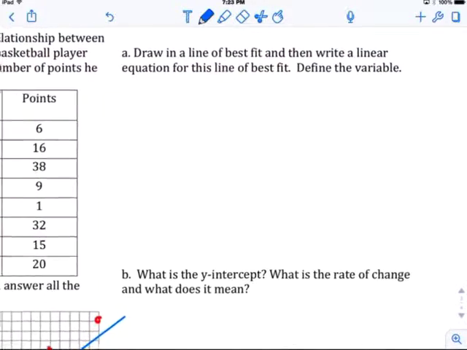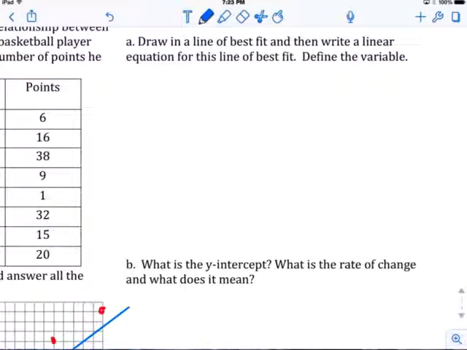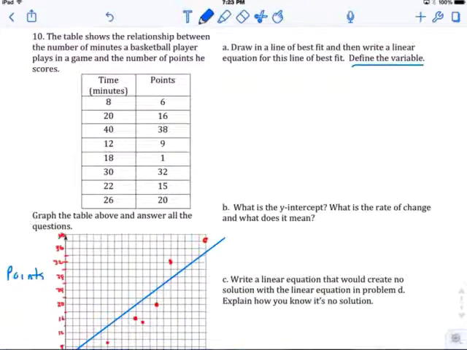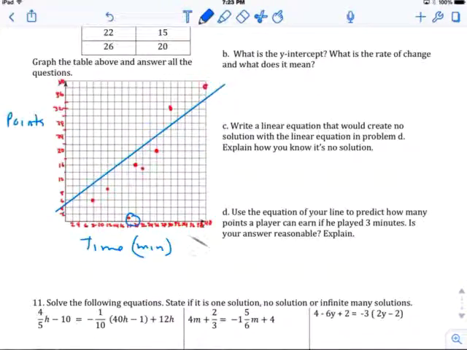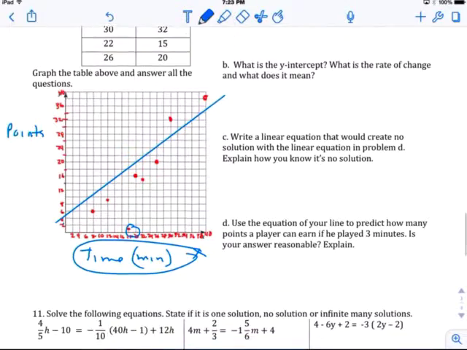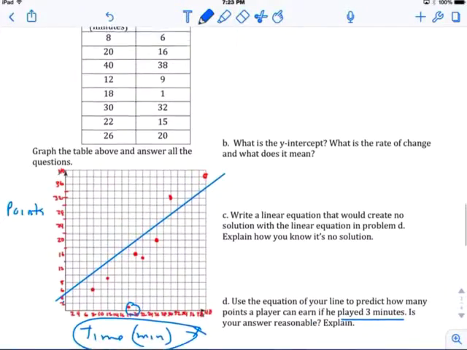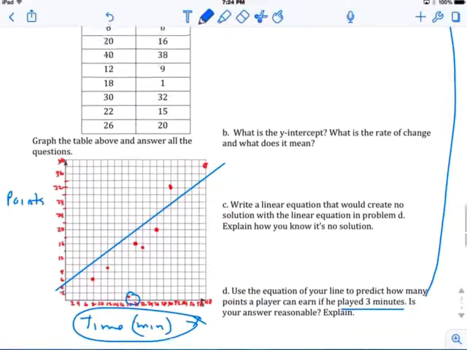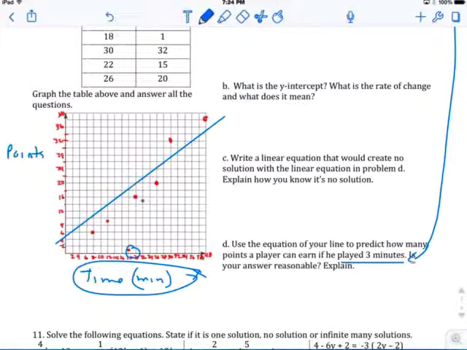Okay, so draw a line of best fit, write a linear equation, define the variables. Okay, they're asking you to define the variables. X is time in minutes. I'll put it right here. I'll draw an arrow because you guys have a hard time figuring out where these go.